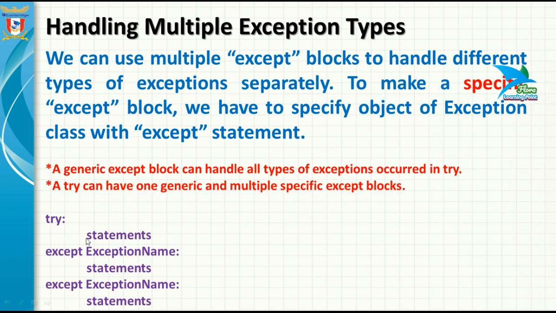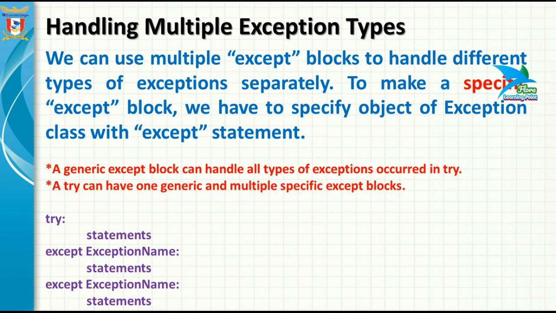Here we have a try block, then statements where exceptions are expected to occur, and if an exception occurs in the try block, then control moves to the except block. In the previous session we specified an except block without any object. If you write an except block without any object of an exception class, then that except block is known as a generic except block, and it can handle all types of exceptions occurring in the try block.